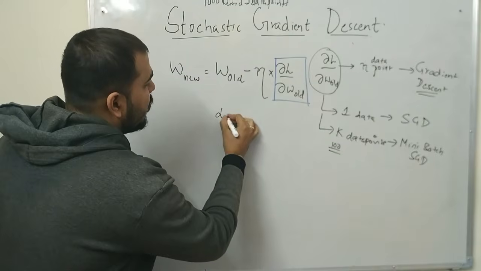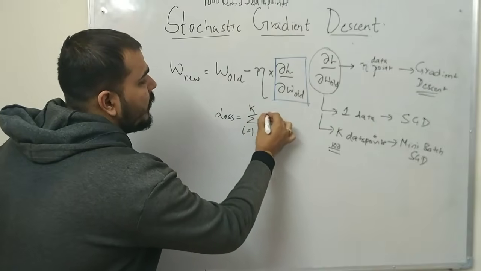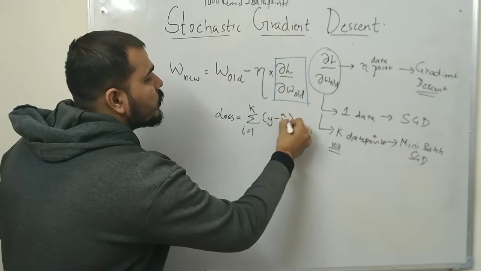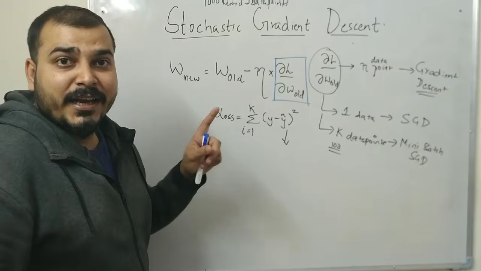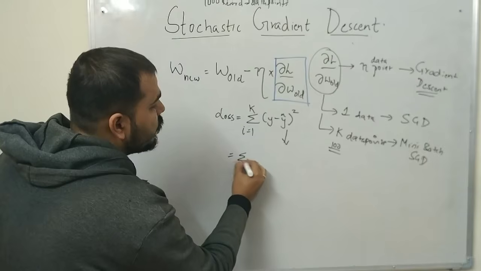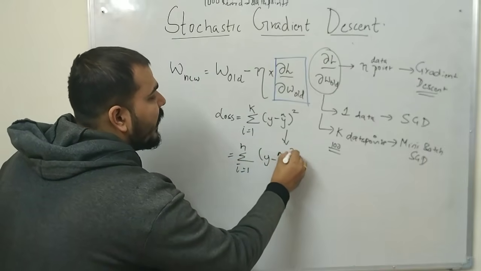And suppose I want to find the loss, how will the formula look? It will look like the sum from i equal to 1 to k of (y minus y hat) whole square, and this loss I will try to minimize. Remember, in gradient descent, this formula changes to the sum from i equal to 1 to n of (y minus y hat) whole square.